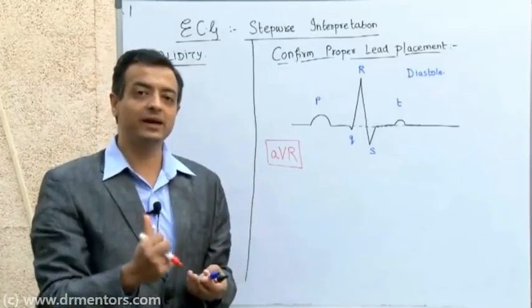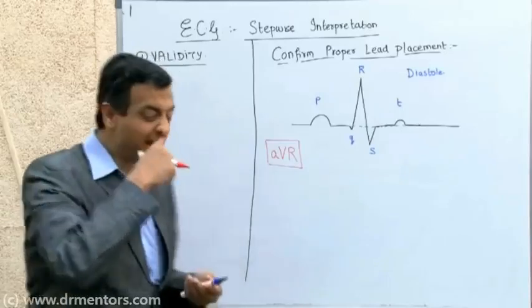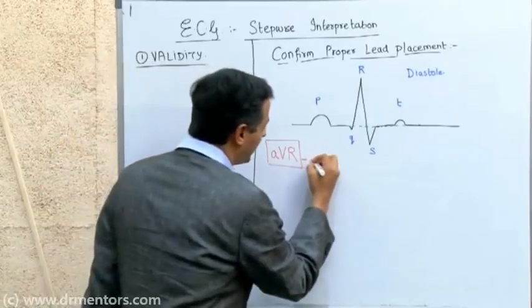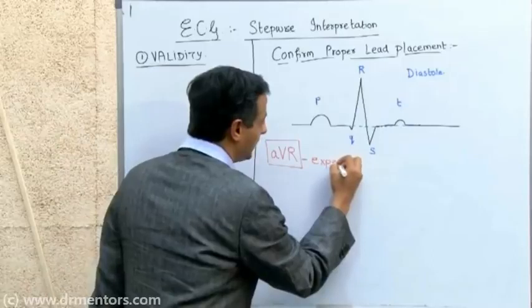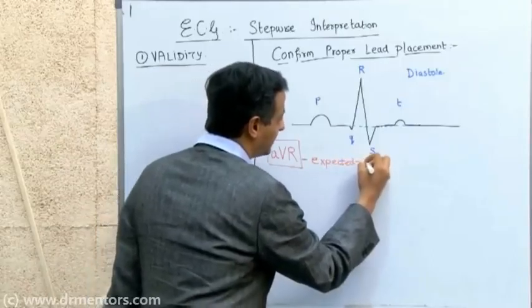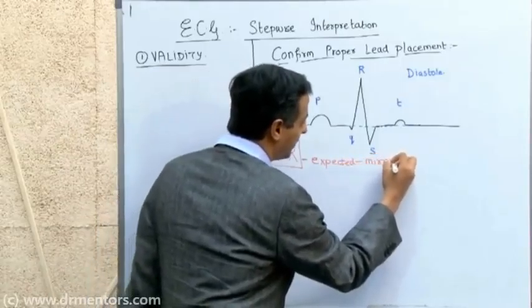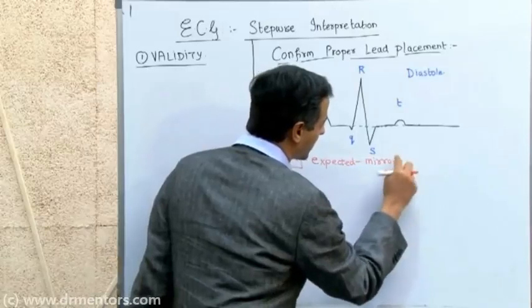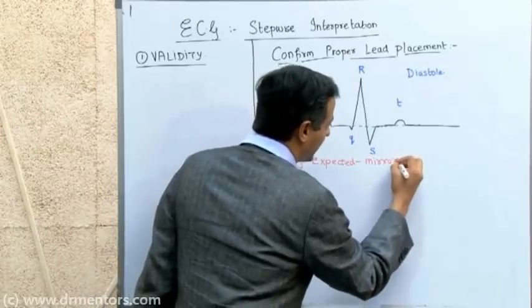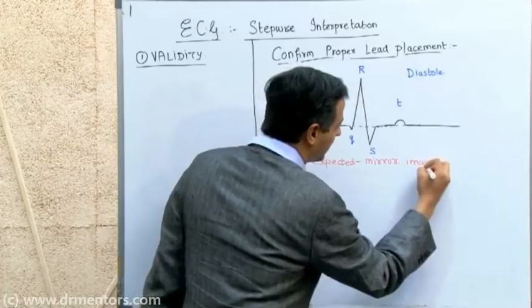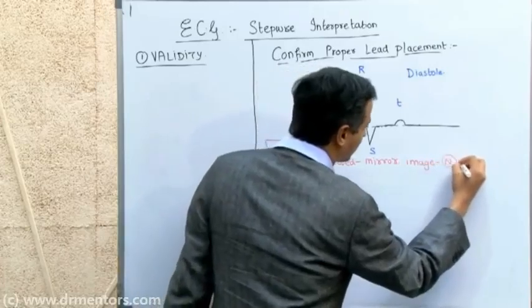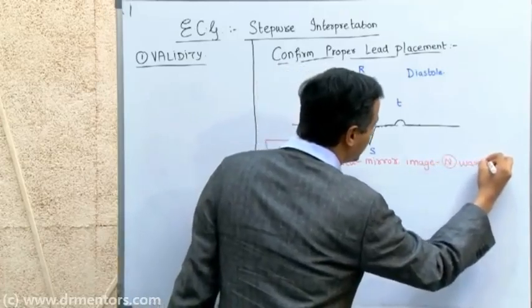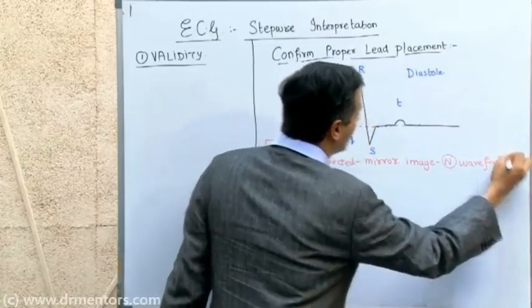This lead vector is towards the right. So you are expecting the mirror image. Expected is to find the mirror image of the normal waveform. This is what is expected in the AVR.